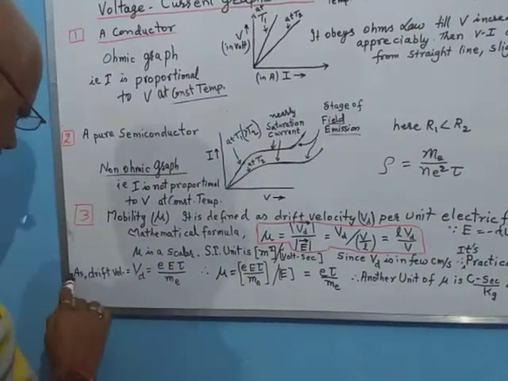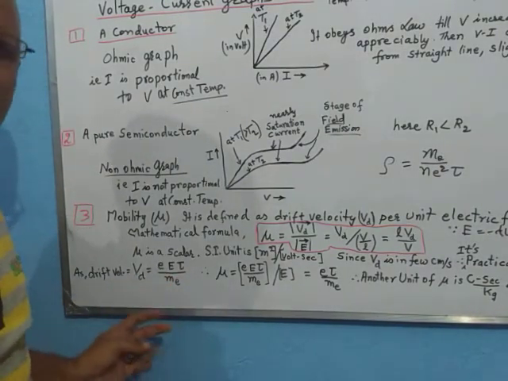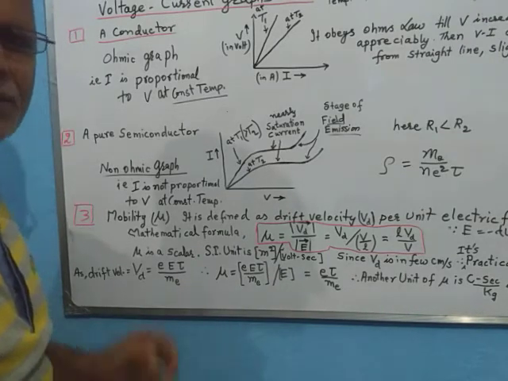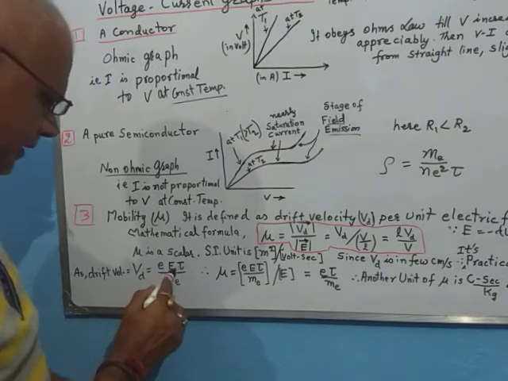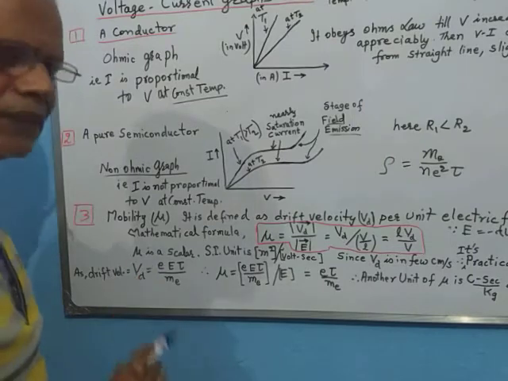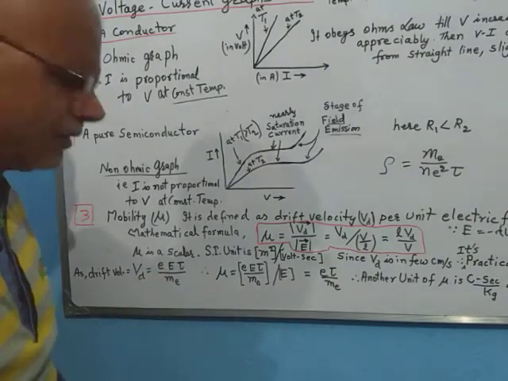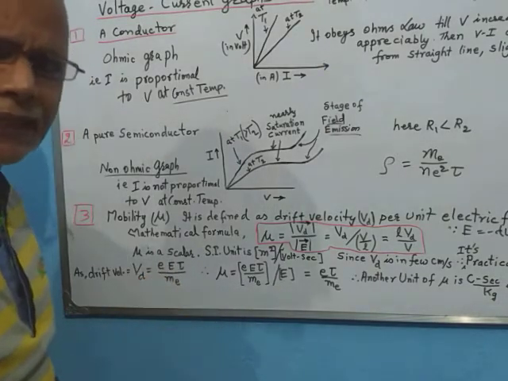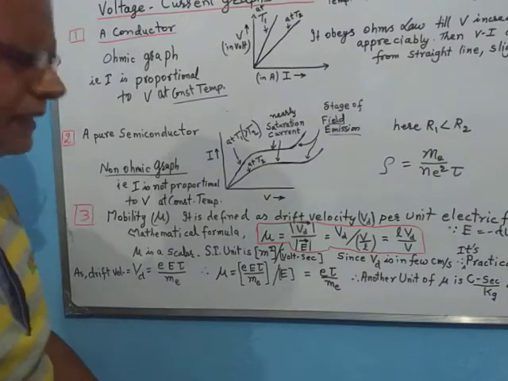Now you see, the drift velocity is given by e tau by me. We have already derived it using the relation v is equal to u plus at, and we have taken u average as 0, and so drift velocity is e tau by me, where e is the electronic charge, or the charge on each charge carrier, capital E is the electric field applied across the conductor, tau is the relaxation time, and me is the mass of the charge carrier.